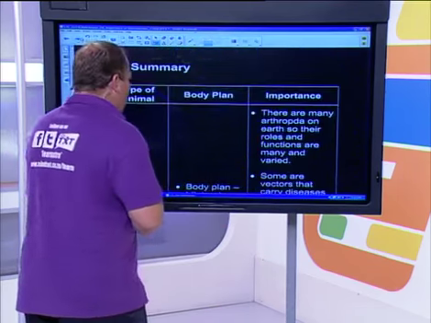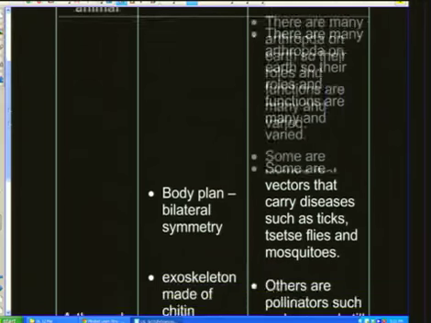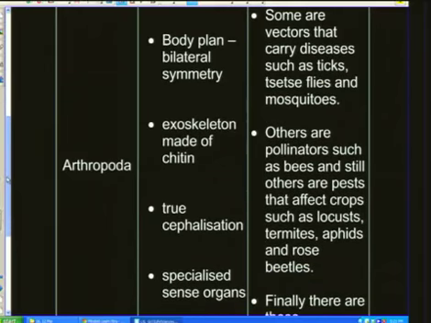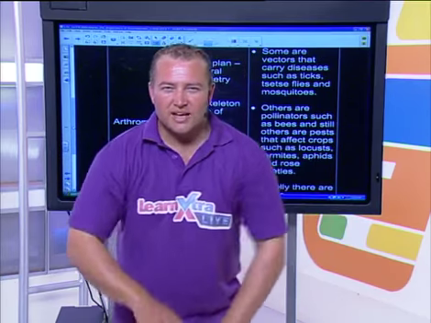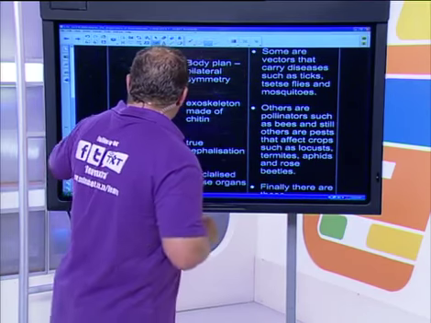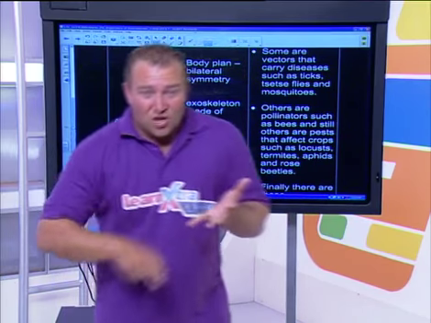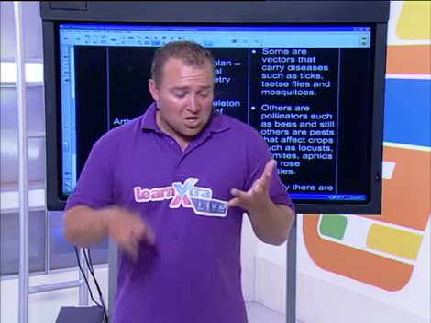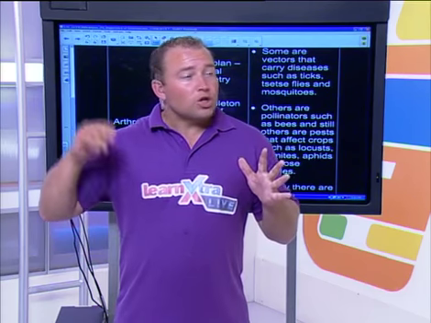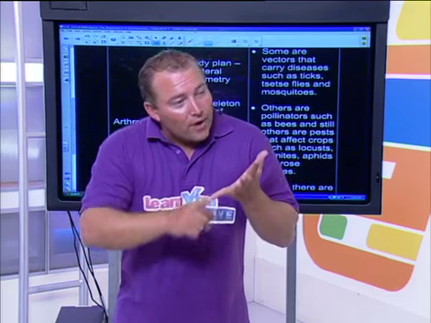Okay. The next one, which I think I'm going to have a look at, is your arthropoda. Now, these notes are available to you, so listen to me carefully. Your arthropoda are divided into certain sections. You've got your insects, your arachnids, your crustaceans, and there should be another one.